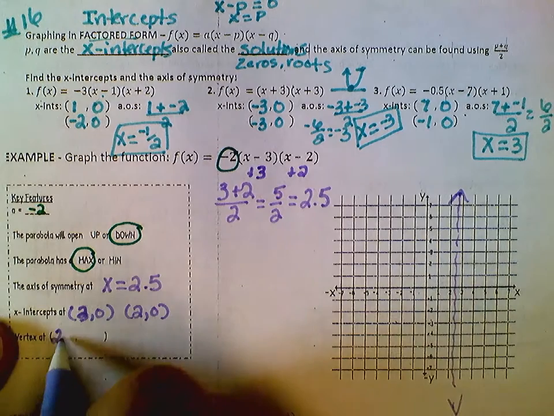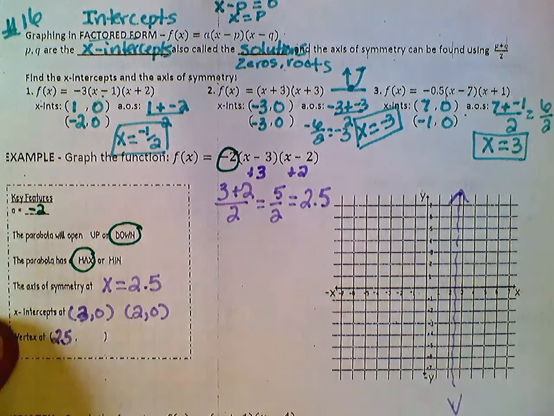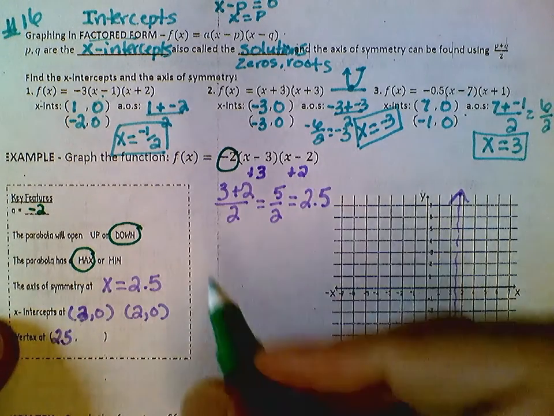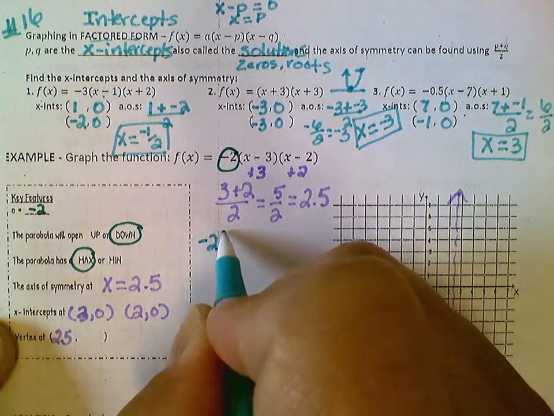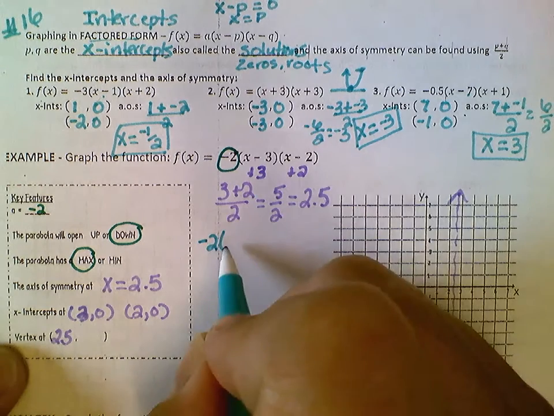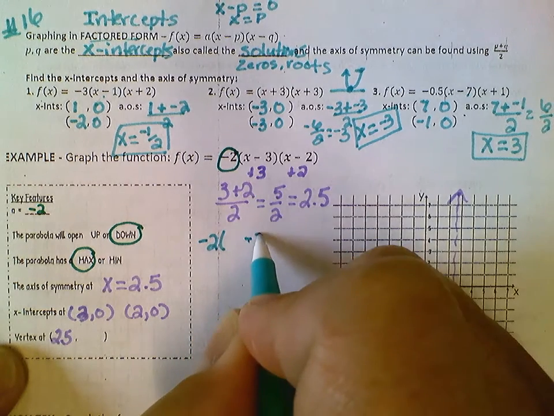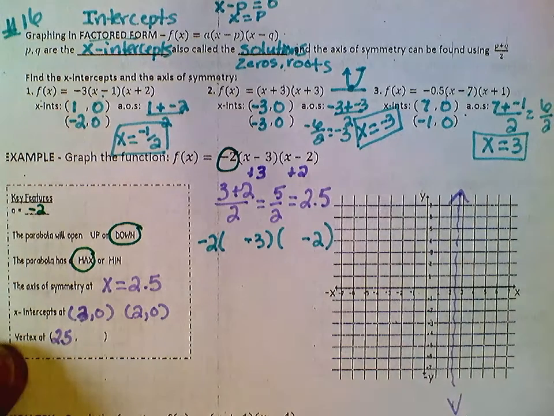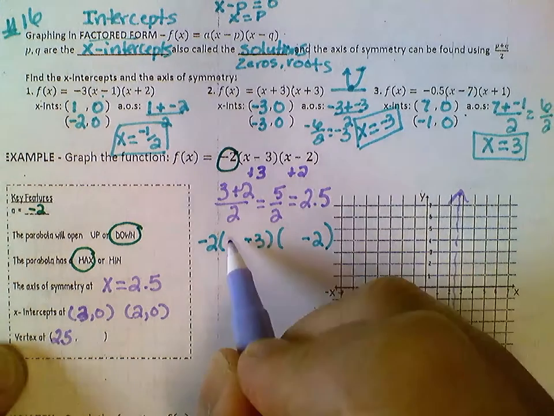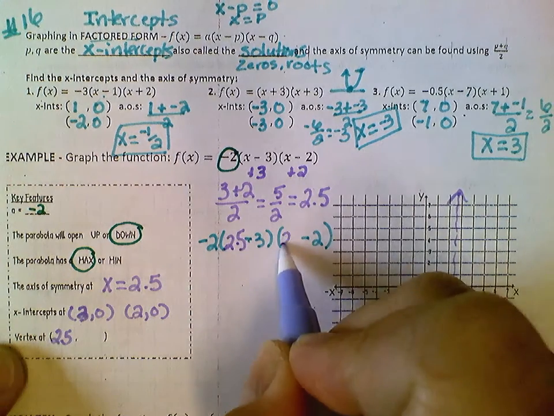And if I substitute that 2.5 into my original equation, I'm going to get the y value of my vertex. So I have x minus 3 times x minus 2, and again, we're substituting 2.5.